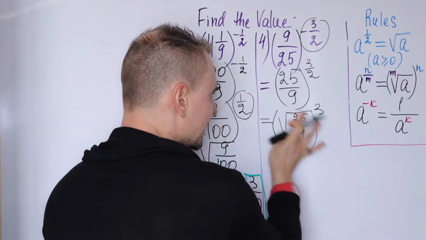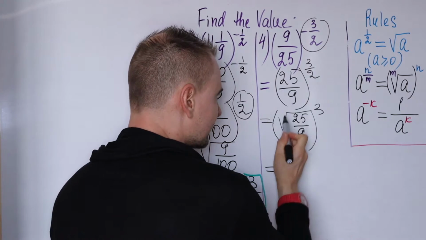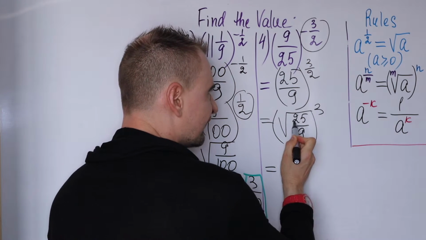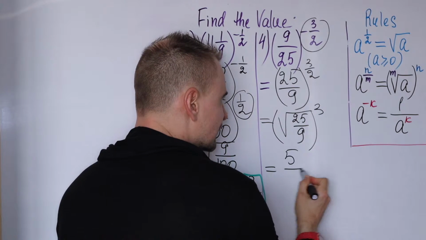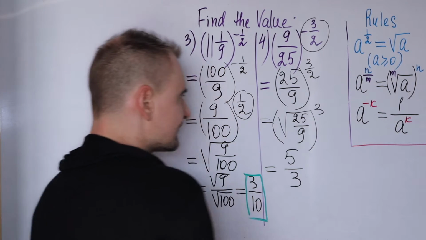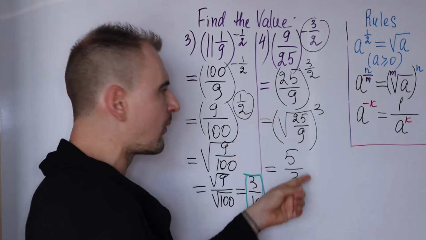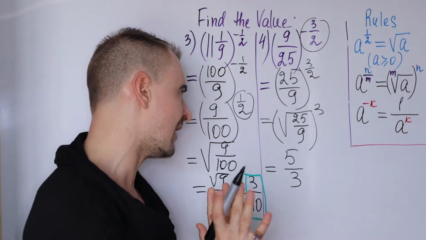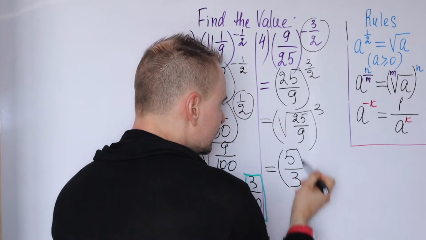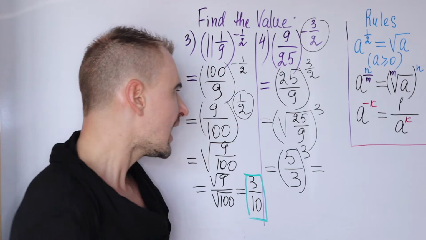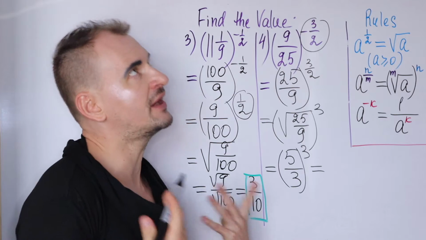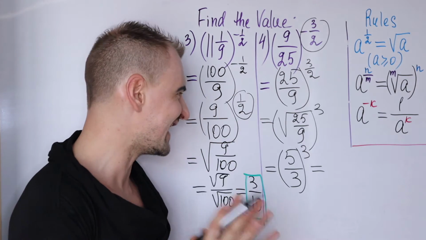Now you take the square root first, and the square root of the top number 25 leaves you with 5, and the square root of the bottom becomes just 3. Again, both numbers are perfect squares, and you need to cube it, raise it to the third power. And finally, the last step.